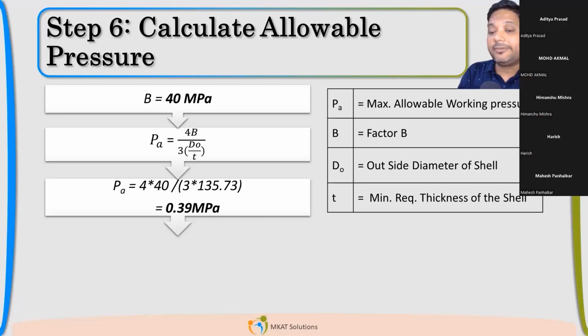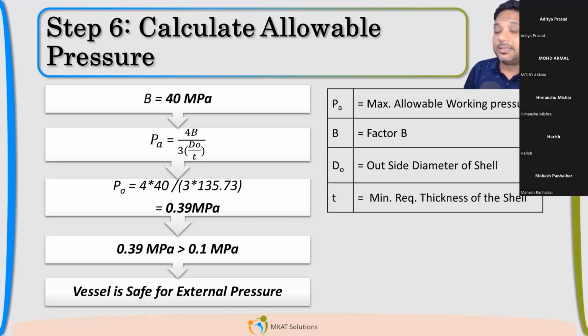Why are we saying it's safe? Because this allowable pressure says what maximum external pressure can be applied on the same pressure vessel geometry which we have taken as an example. So for that, it can take 0.39 MPa.